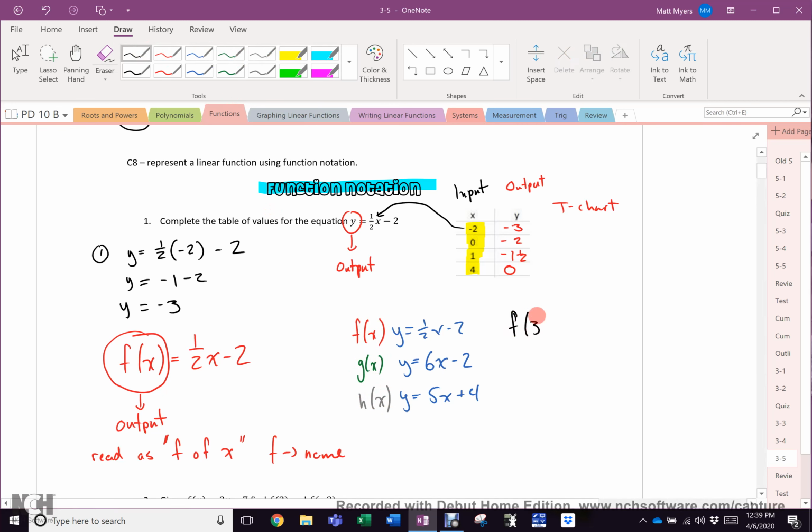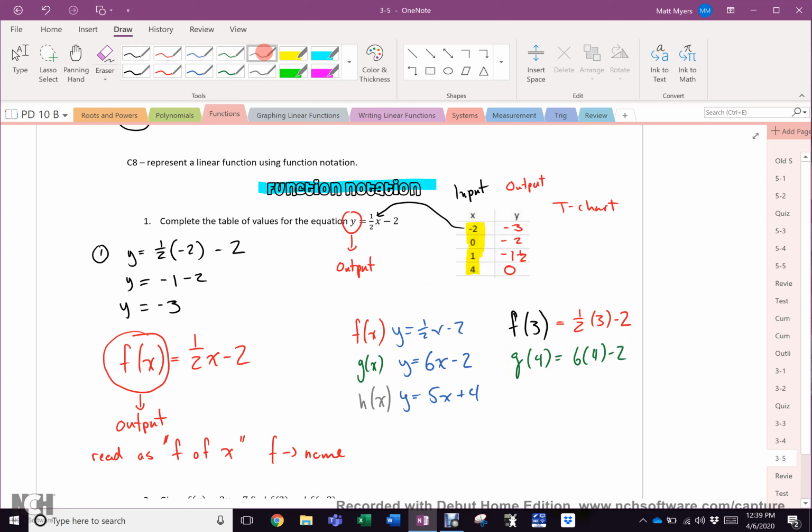And then over here, I would tell you I want the f of 3. So that 3 will go into which one of these? I'll wait a second for you to think of it. It would go into the red one. So I would have the f of 3 equals half of 3 minus 2. Then if I wanted the g of 4, it would go right here, 6 times 4 minus 2.